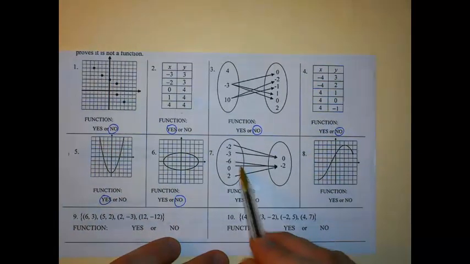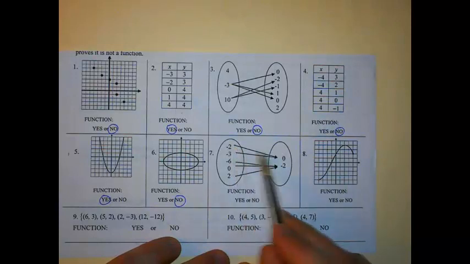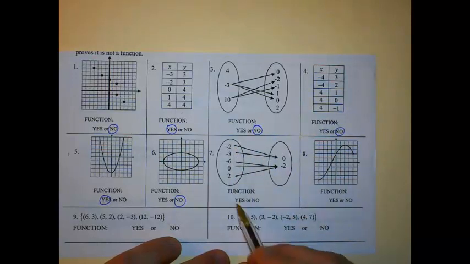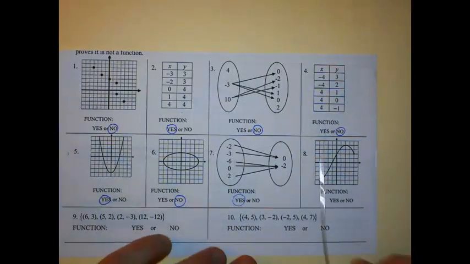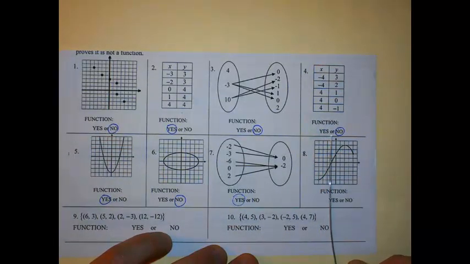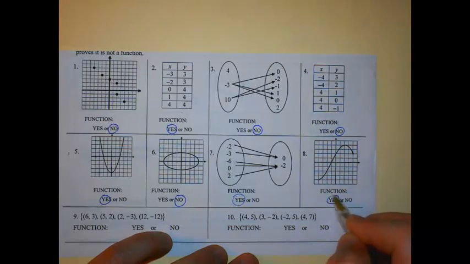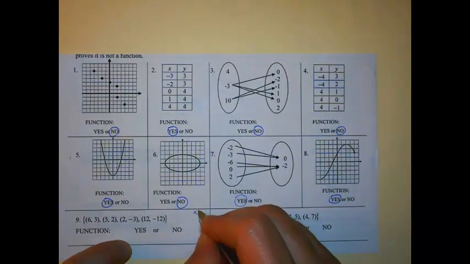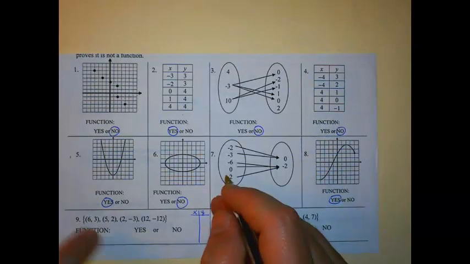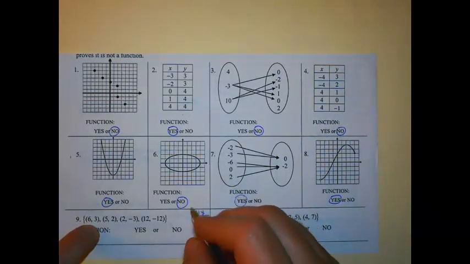The next diagram, I only have one arrow coming from the left to the right, so yes, it is a function. The next graph, if I move my pencil from left to right, only 1 point at a time is being touched. It is a function. This one I would encourage you to draw a table and put in the numbers.